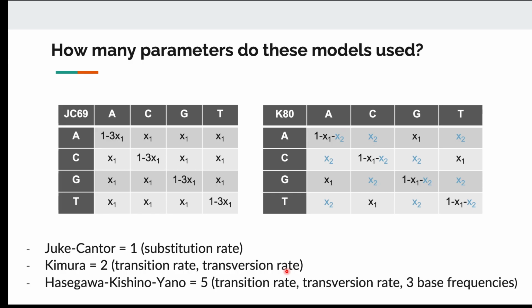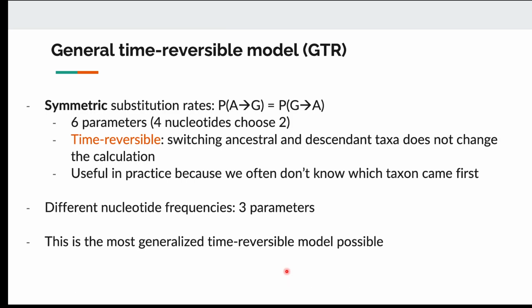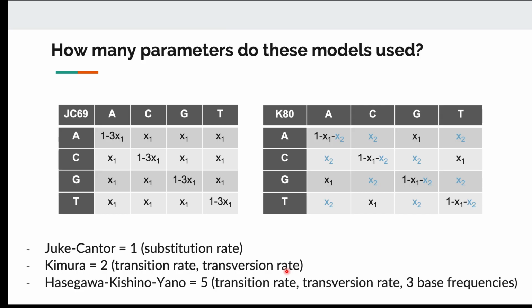If we write out the Jukes-Cantor model where all the mutations occur at the same probability, so the probability of A turning into a C, A turning into a G, A turning into a T, or C turning into an A, C turning into a G, all the off-diagonal entries are the same. These are the mutation rate. It can change any nucleotide to any nucleotide with the same probability. So there's only one parameter.